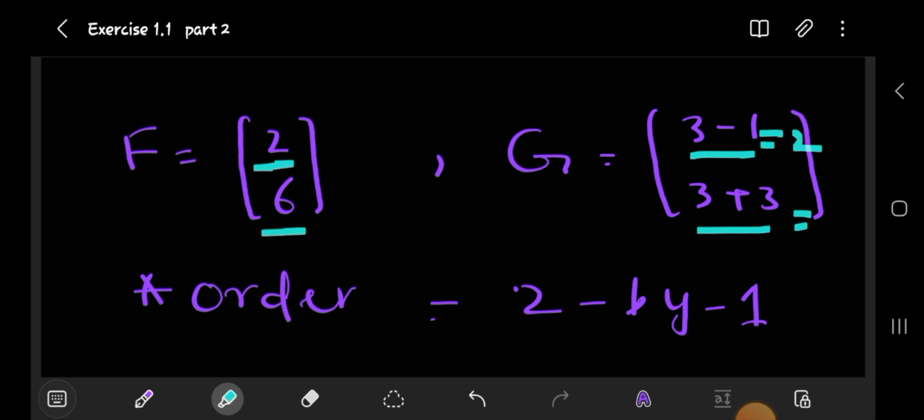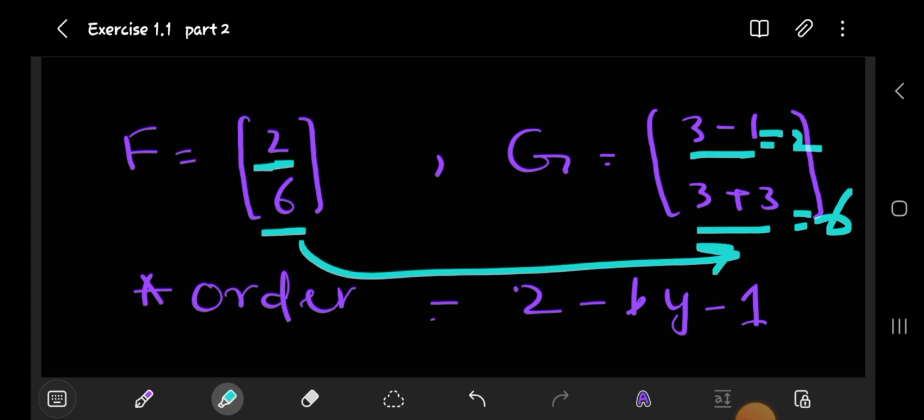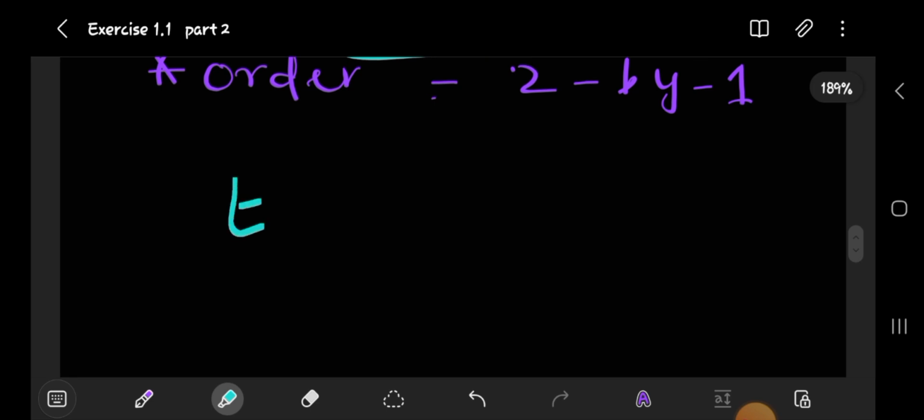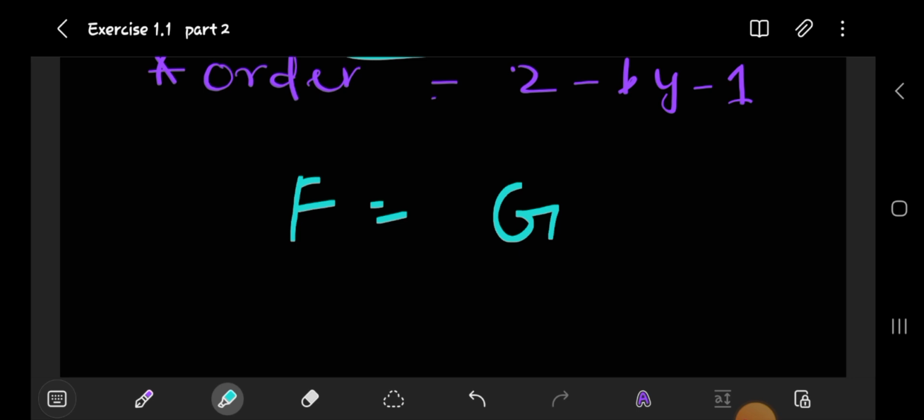And if we talk about 6, 3 plus 3 is also equal to 6. So these two have the same correspondence, identical elements exist. So we can say that F is equal to G. Both of these matrices are equal.